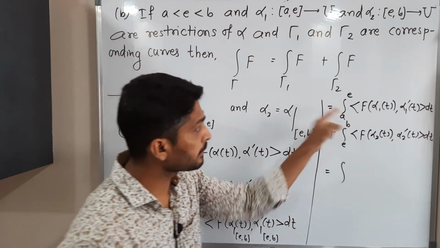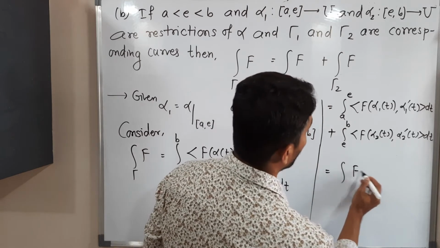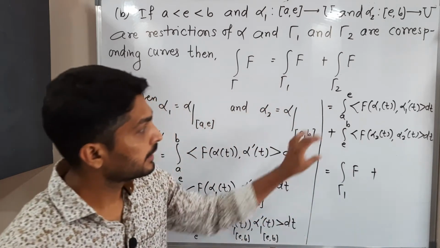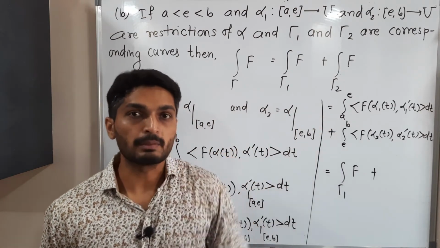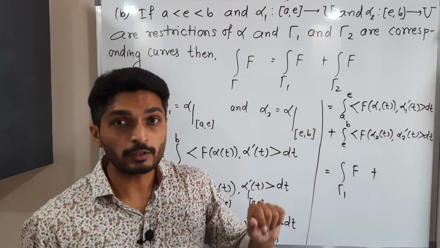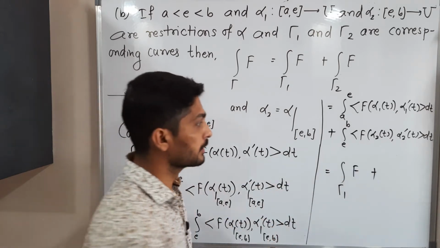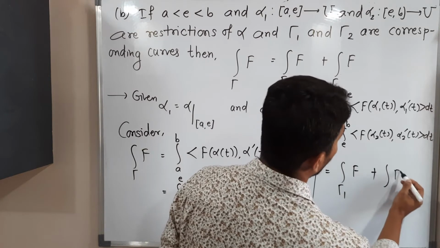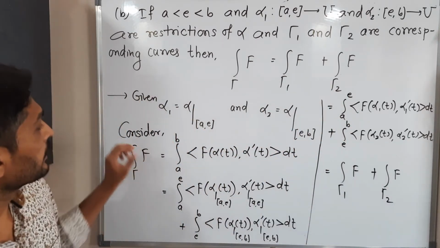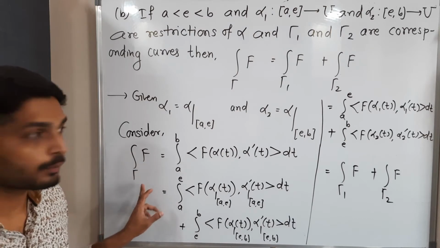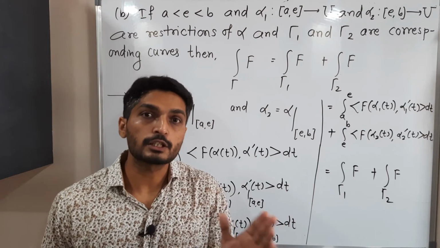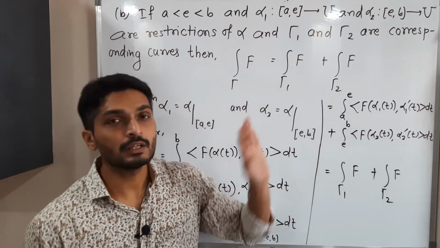So the first integral is nothing but the line integral of f over gamma 1, plus, since here we have interval EB, and the image of EB under parameterization alpha 2 is gamma 2, this is nothing but the line integral of f over curve gamma 2. So we started with the integration of f over gamma, and we finish with integration of f over gamma 1 plus integration of f over gamma 2. In this way we proved this thing.